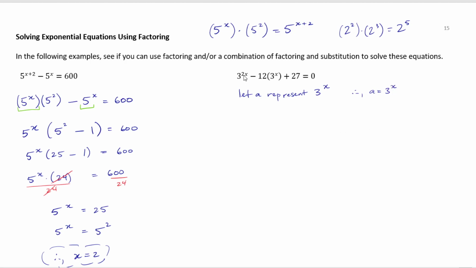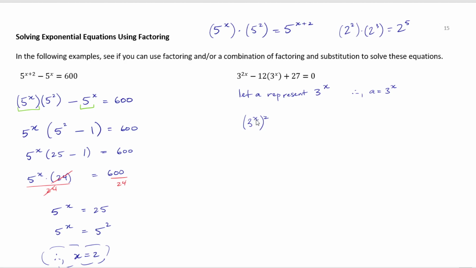So what I could do right here is rewrite this equation, and again, using my exponent laws, this is the same thing as saying 3 to the power of x, then squared, right? Because you multiply exponents inside and outside the bracket.